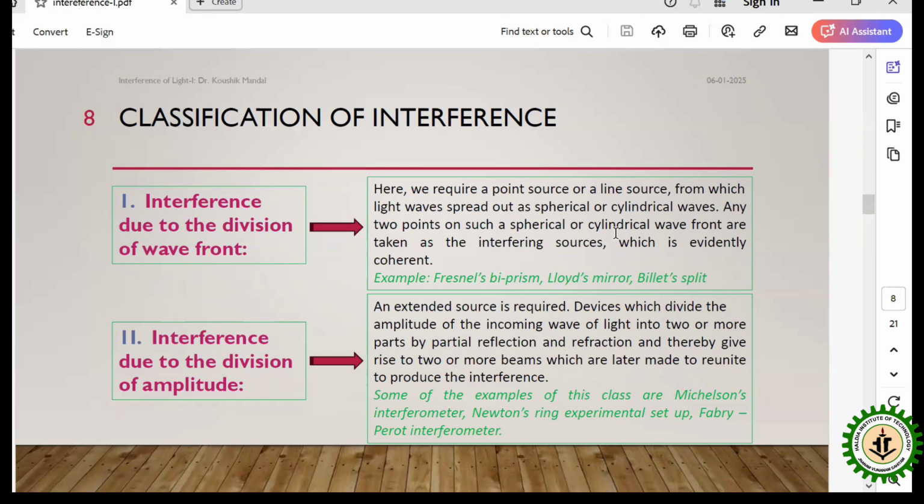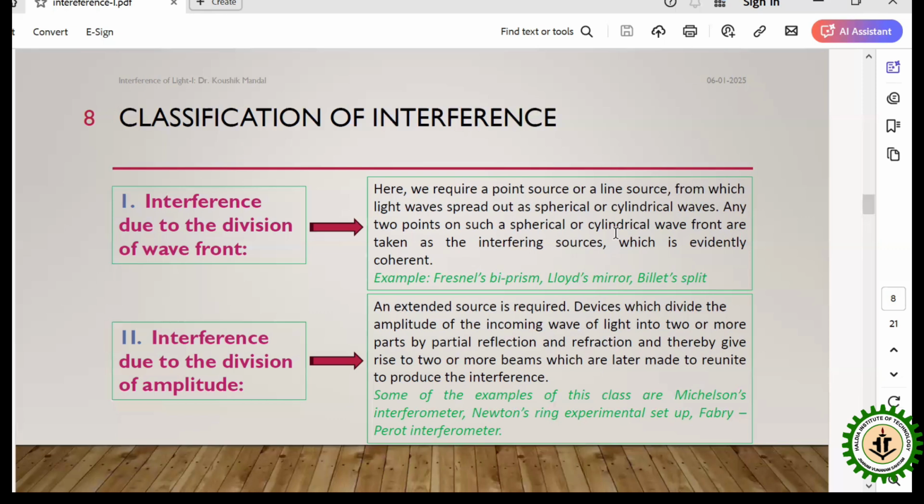So what is the interference due to the division of wavefront? Here, consider a point source from which light waves spread out as spherical or cylindrical waves. Any two points on such a spherical or cylindrical wavefront are taken as the interfering sources, and after interfering, the light coming from these two point sources gives the interference.